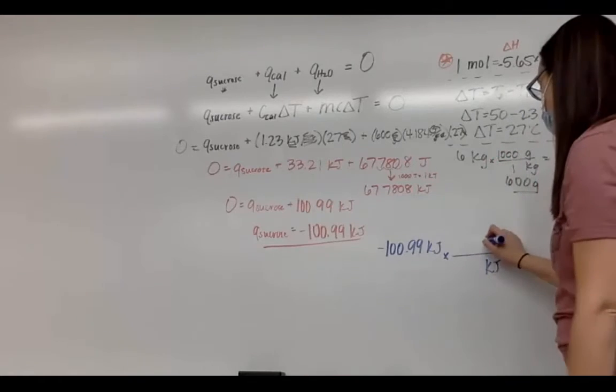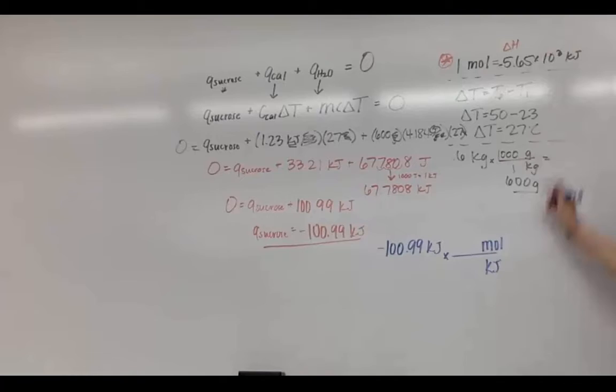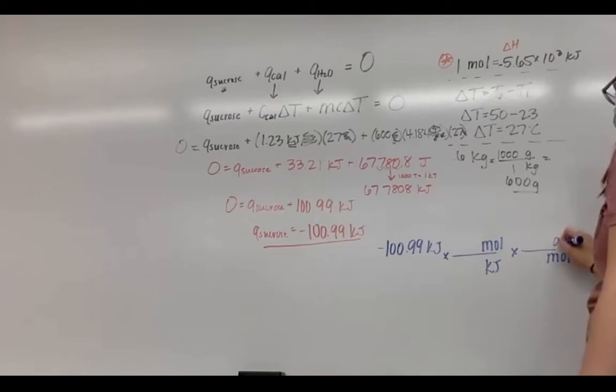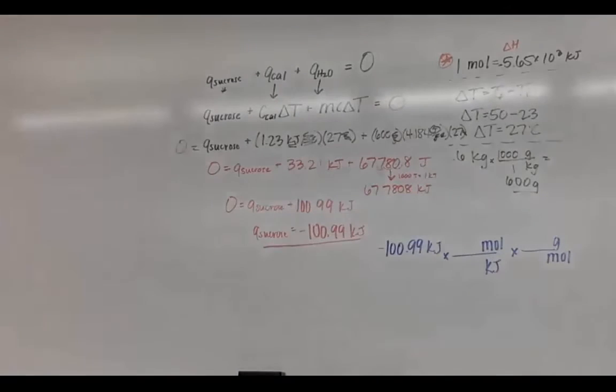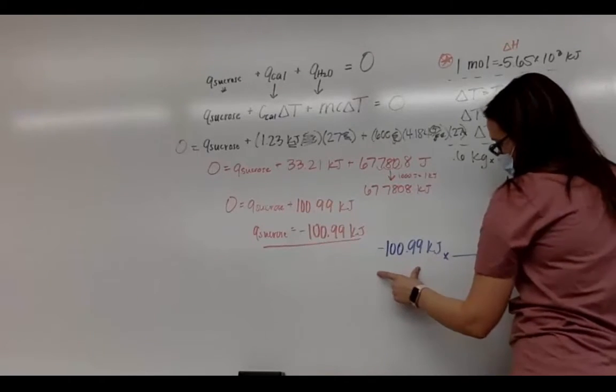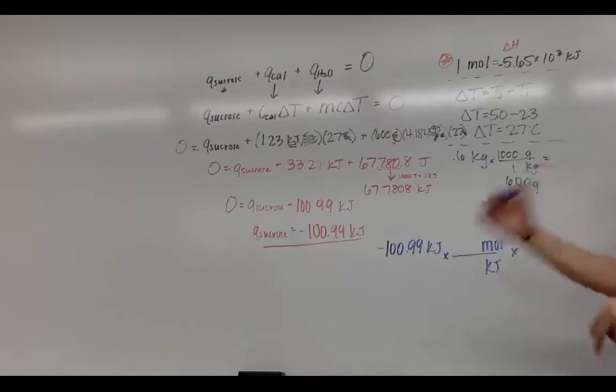I'm going to go from kilojoules to moles using delta H. Then I'm going to go from moles to grams using another conversion that we know. So again, I'm taking Q, using delta H to convert to moles, and then using the molar mass to go to grams. We're essentially going backwards from the calorimetry problems that we've looked at before.